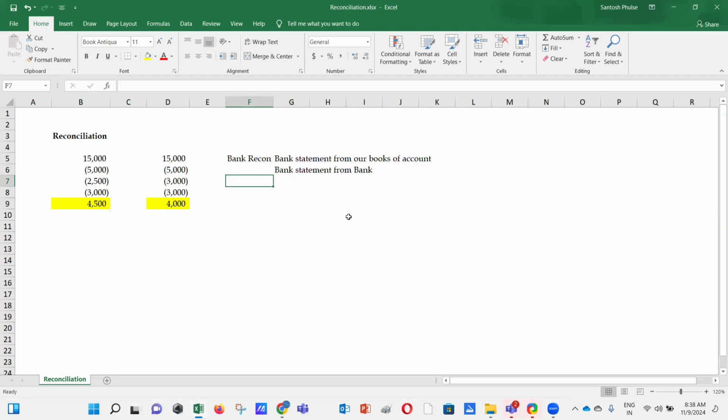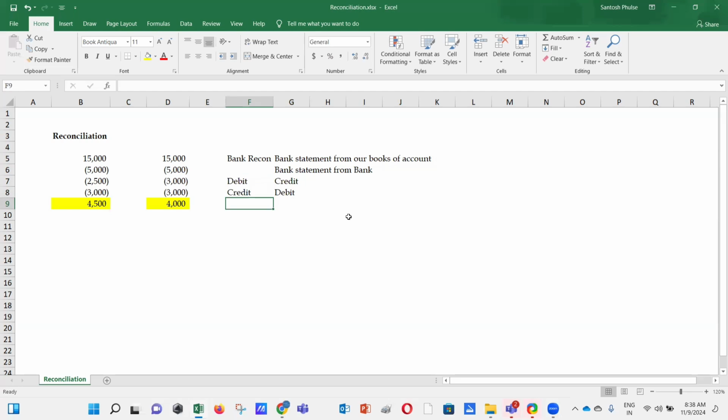In your books of account, if you have debit transactions, they are going to match with credit transactions in the bank statement. If you have a credit, that's a debit in the bank. Your debit, you match with the bank's credit. Your credit, you match with the bank's debit.